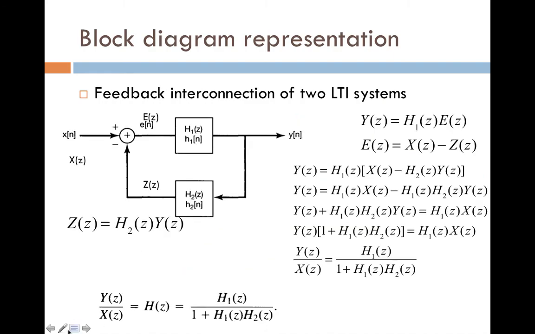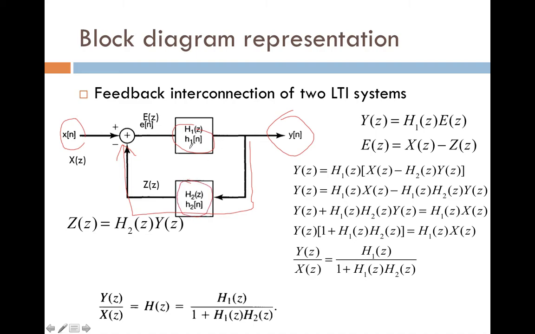And feedback path. Here, what will happen if you are giving feedback to the system? For example, x of n is the input and y of n is the output, and we are going to take feedback from the output and give it to the input, and find the mathematical expression for this particular system. That is feedback interconnection of two LTI systems. In this case we have two linear time invariant systems, one is the feed forward system and the other is the feedback system. h1 of n is feed forward and h2 of n is the feedback.